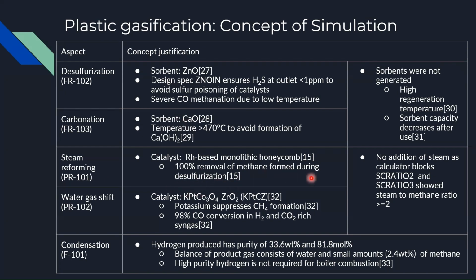Due to the use of a catalyst with low methane selectivity, it is assumed that methanation does not occur during water gas shift. After condensation at low temperatures to remove water, the product gas has around 34% hydrogen, 64% water, and 2% methane, which is sufficient purity for boiler combustion.